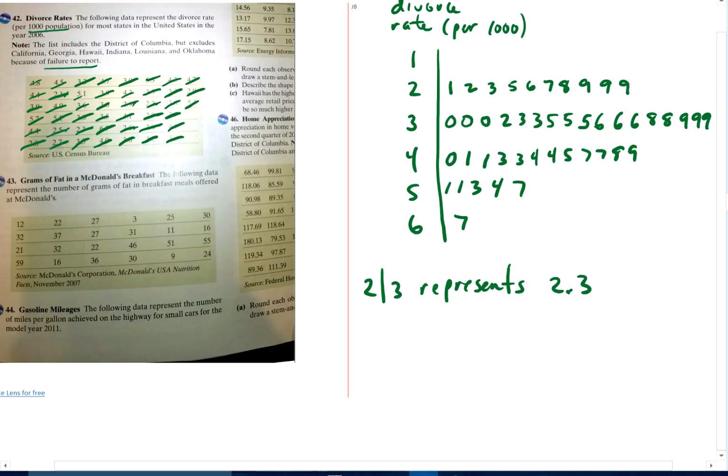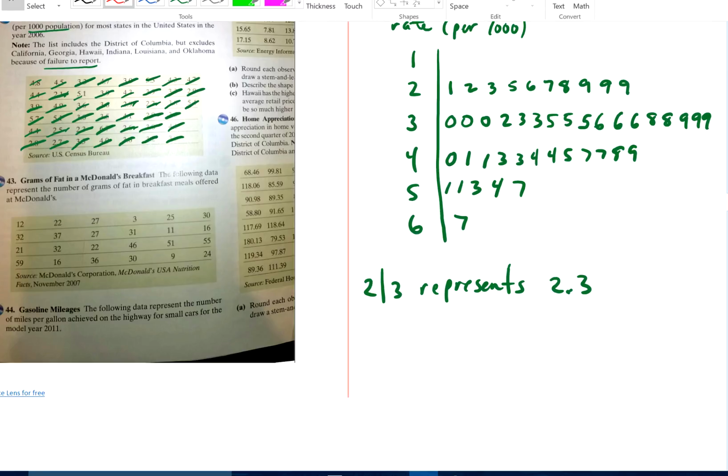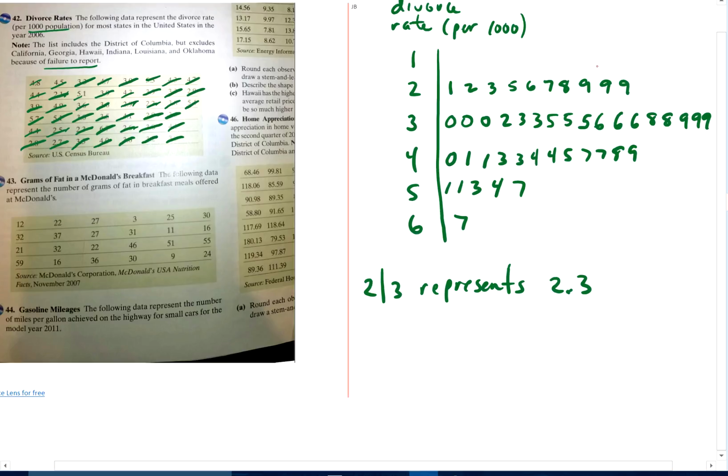Anyway, so here we go. We got this, and the shape of it, if you look at it on its side, this one does come down and taper off a little bit. So we are looking at skewed to the right. Now, there's no right or left here because we're talking up or down, and saying skewed down doesn't really make sense because are the higher numbers down or up.